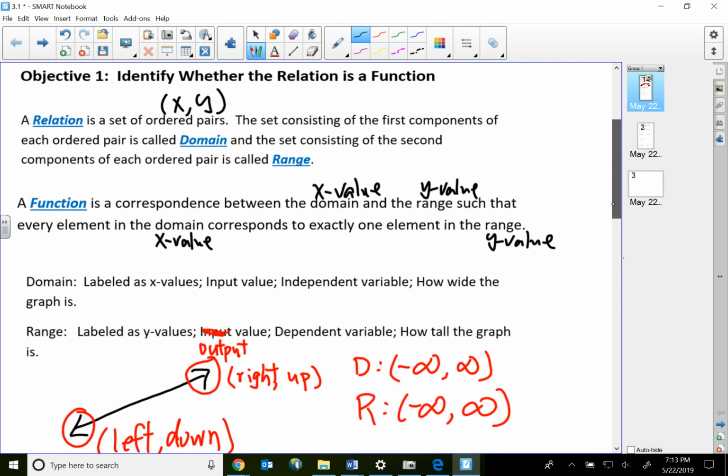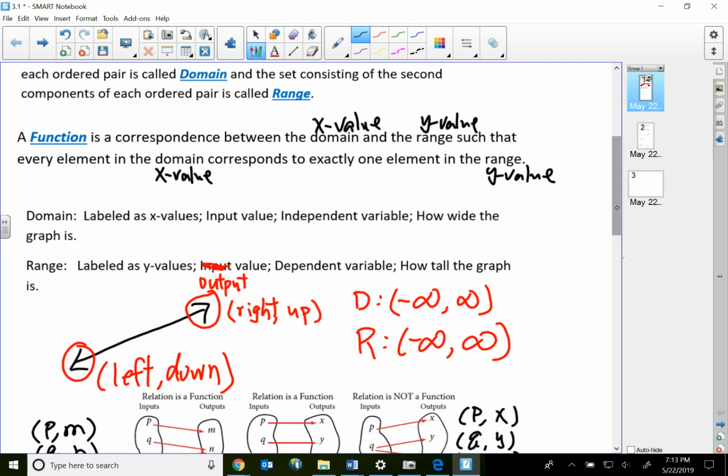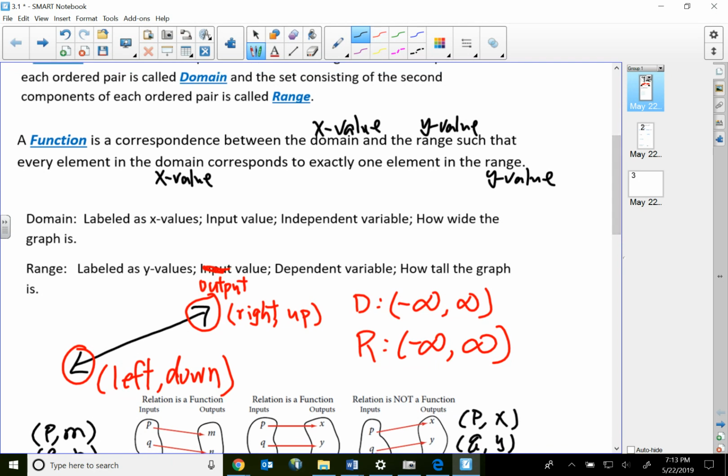So for a relation to be a function, every x corresponds to exactly one y value. You just cannot have the same x value go to different y values.